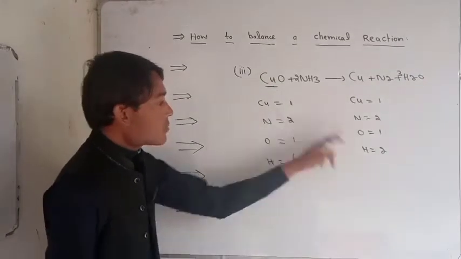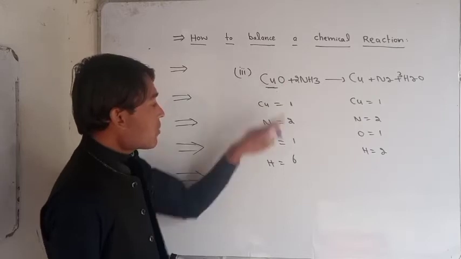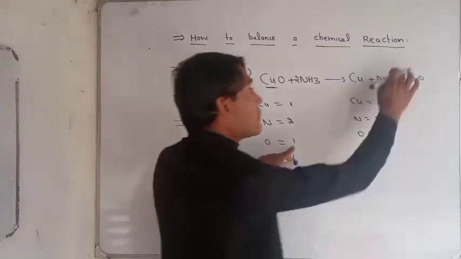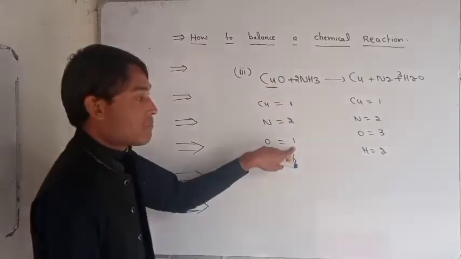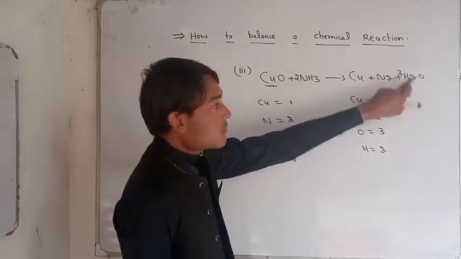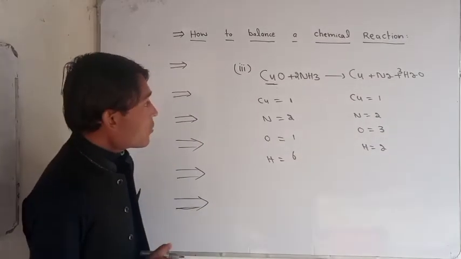Copper is already balanced, nitrogen is balanced. The number of oxygen is disturbed, because here the number of oxygen is 1, and here it becomes 3.